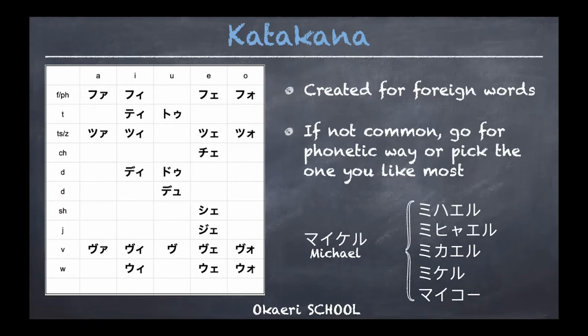So when people know specific names and very common foreign names, there are some specific ways of spelling or writing that people are used to, but it's still up to you, especially when it's your own name.